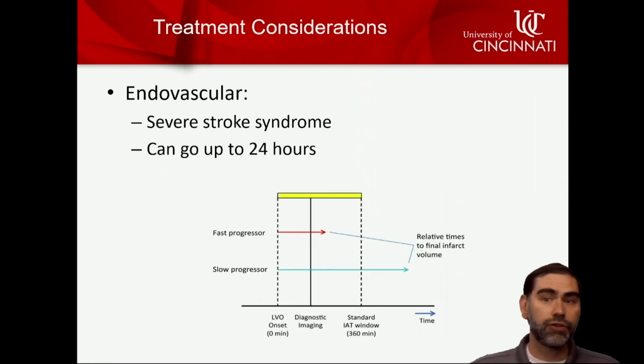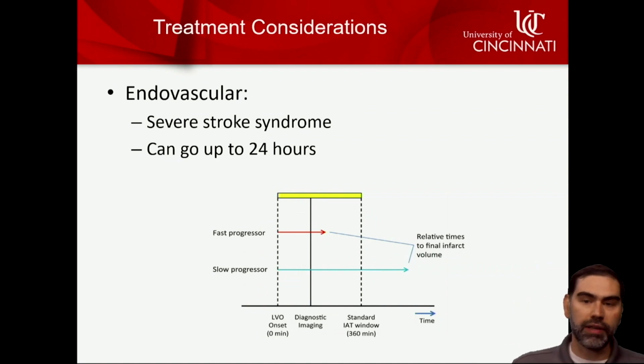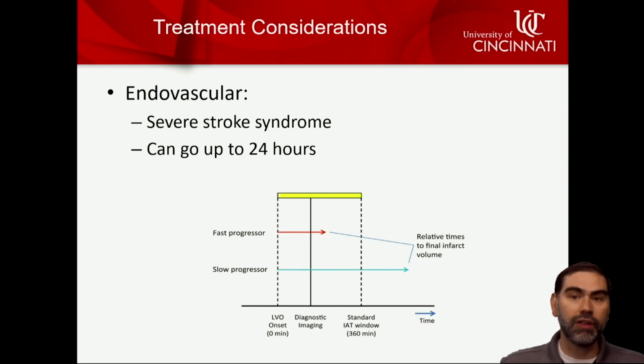Now, the flip side of this is that while we think about thrombolysis in 4.5 hours, patients can be eligible for treatment up to 24 hours, like I said, in the right circumstances. Even if the patient wakes up, for example, there are certain MRI protocols that the hospital can do to know if they might be eligible for thrombolysis.